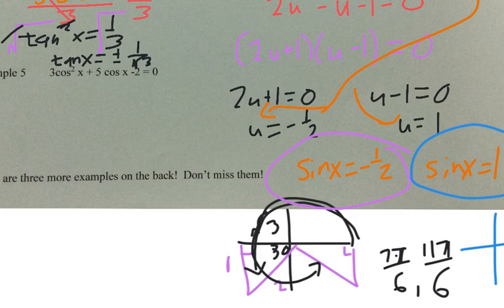So I'm looking for where the y value is 1 when I rotate, and that's up here. That's where I get a y value of 1. So how much did I rotate to get there? Pi over 2. So I have 3 solutions. There they are. Pi over 2, 7 pi over 6, 11 pi over 6.